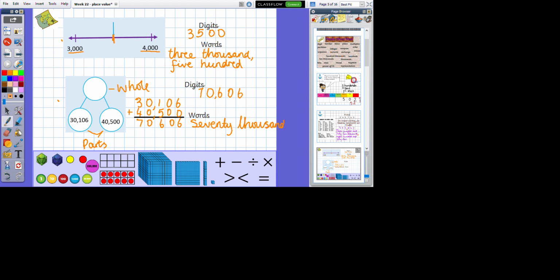Have a look at where your comma is. Off it goes there. 600. And 6. Okay, so there we go. We have represented it in words and digits. So this is what your work is going to be like today.